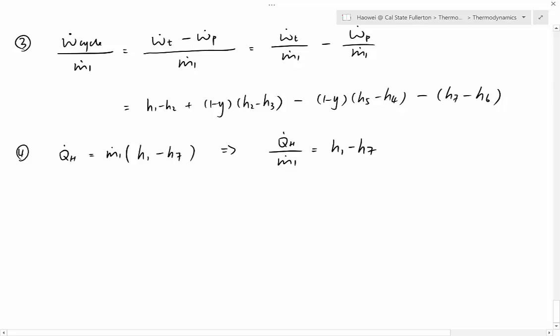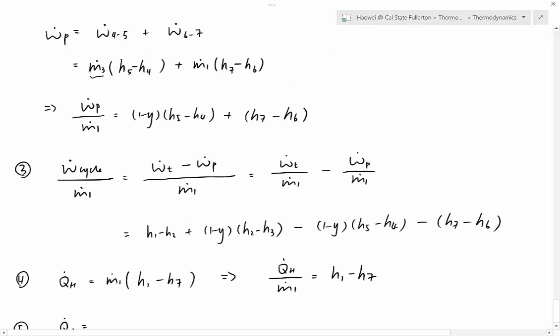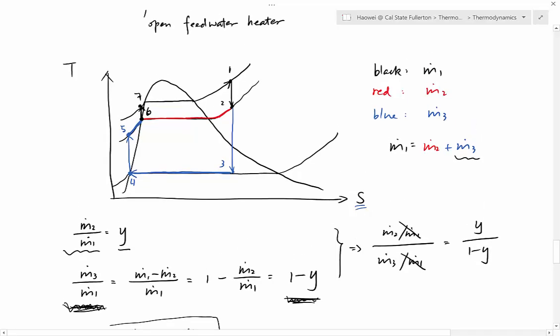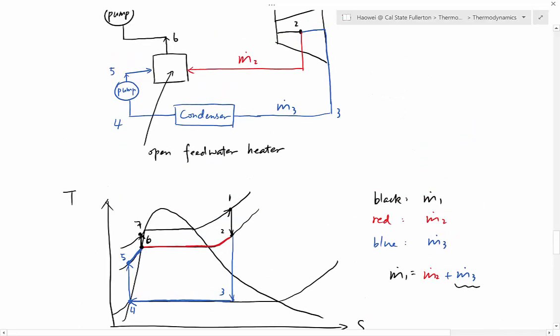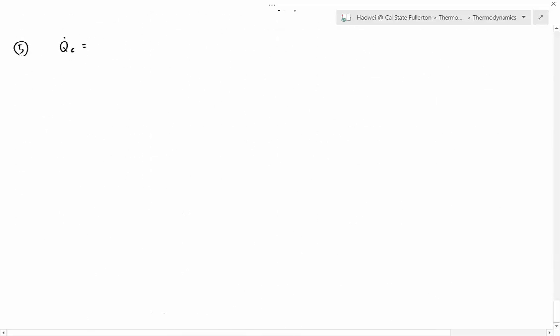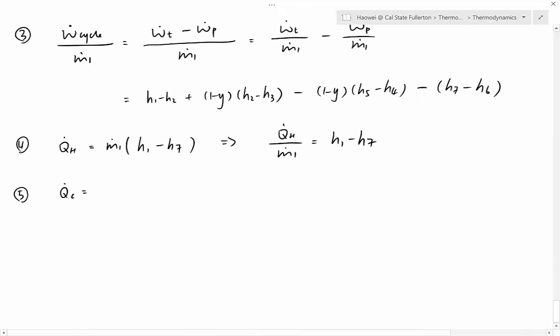Okay, and then part 5. Part 5 very similarly is Q dot cold. Cold is the condenser. Where is the condenser? Condenser is in color blue. That's 3 to 4. So the mass flow rate is m dot 3. Okay, which one minus H, which one? 3 to 4 is the condenser.